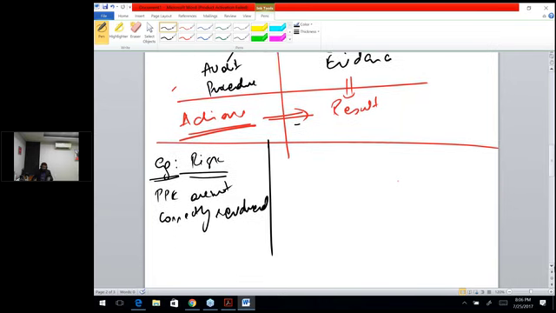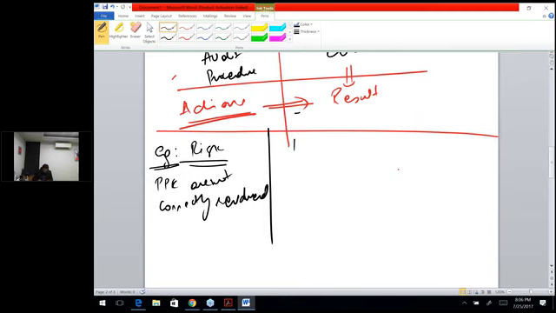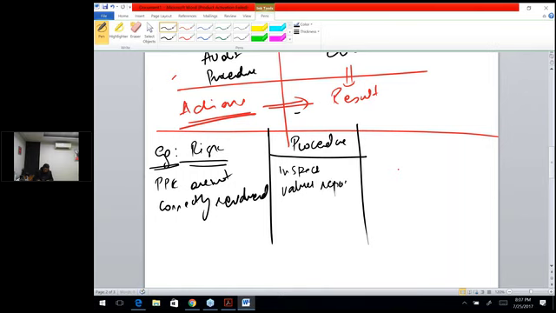Okay, so this is the audit risk. What am I going to do? I'm going to perform the audit procedure. My audit procedure is going to be, I will inspect the valuer report to confirm fair value of $35 million.